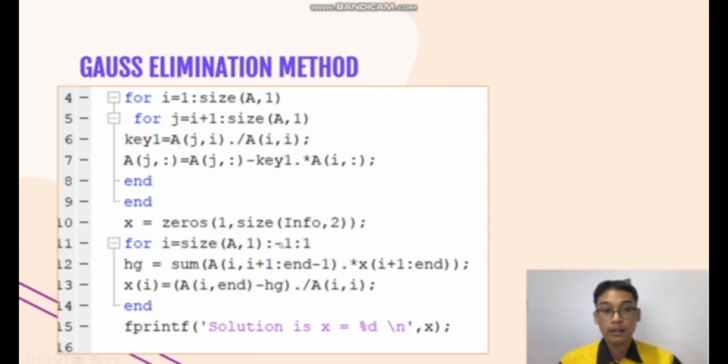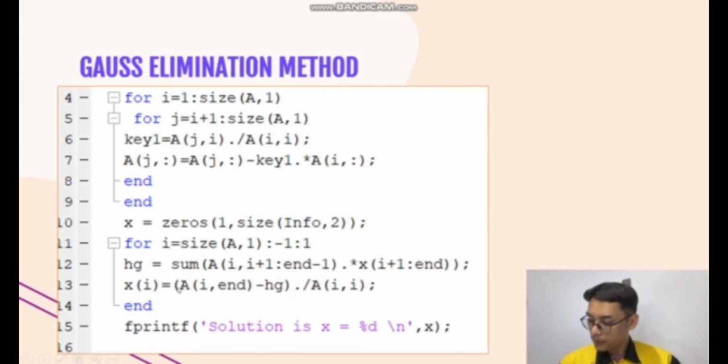Our back substitution starts with the lowest row of our matrix form. That's why we subtract 1, because we do the back substitution. This sum(A...) is to compute the sum of our elements.